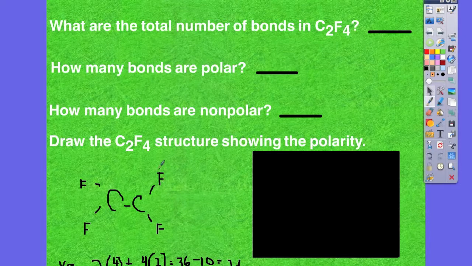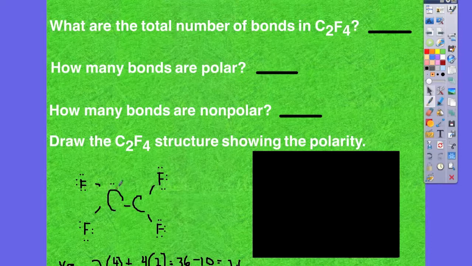We're going to start with the ones on the outside. And we have 24, so we have 2 left. These 2, I'm going to place them on this carbon. Now to check: 2, 4, 6, 8, all the fluorines meet the octet rule. This carbon, 2, 4, 6, 8. But this carbon right here, 2, 4, 6.